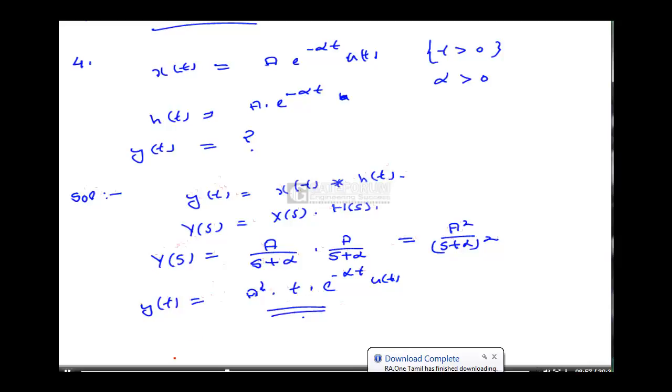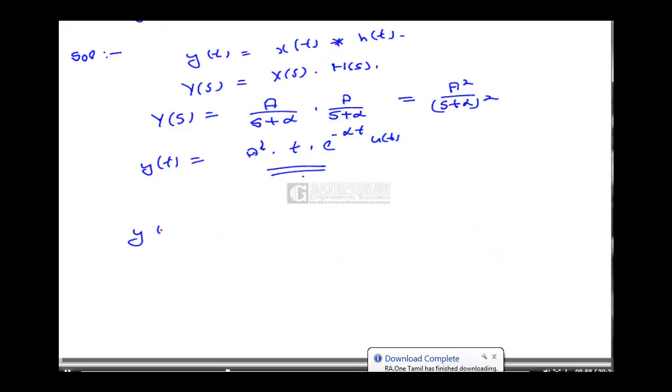Suppose we take the convolution, yt is nothing but integral from 0 to t of e to the power minus alpha into t minus tau times e to the power minus alpha tau d tau, with a square outside.